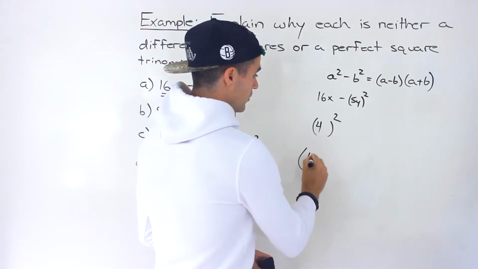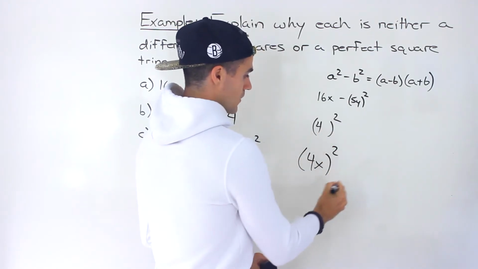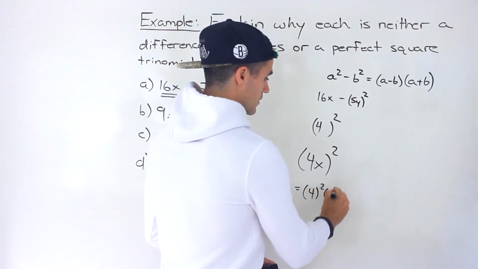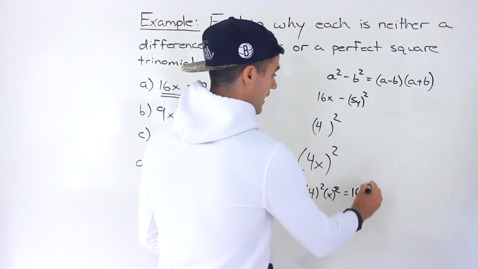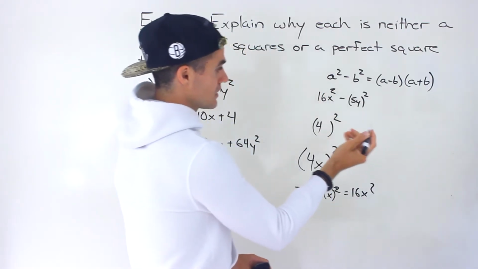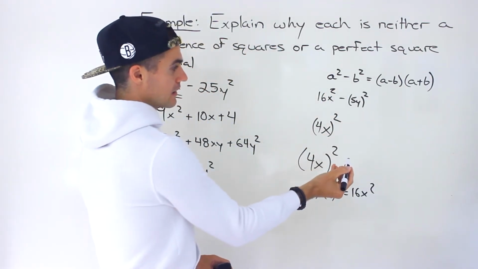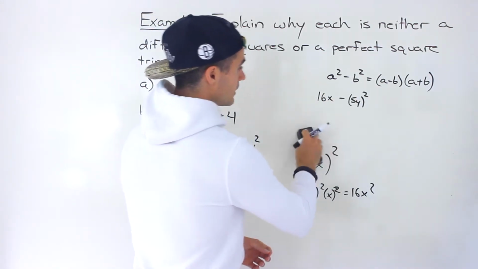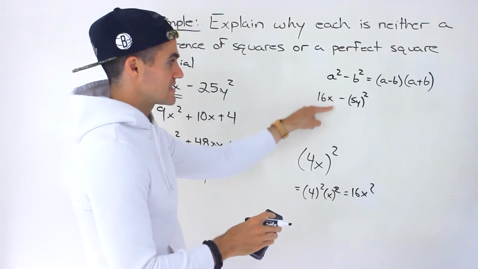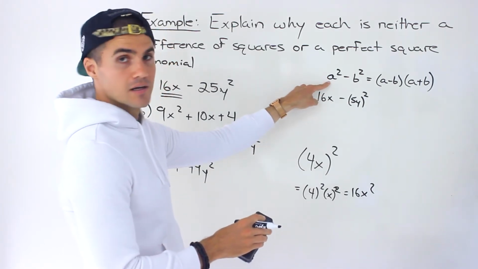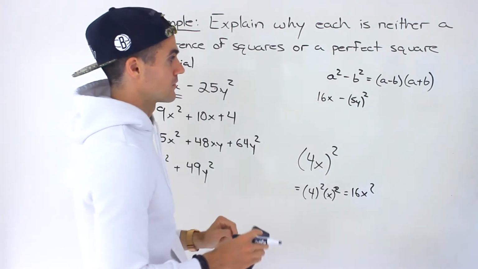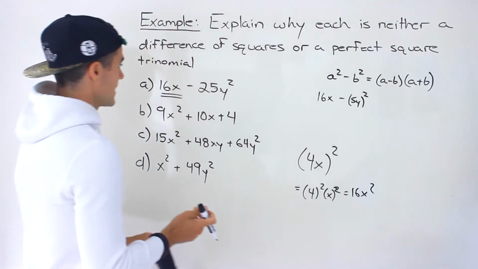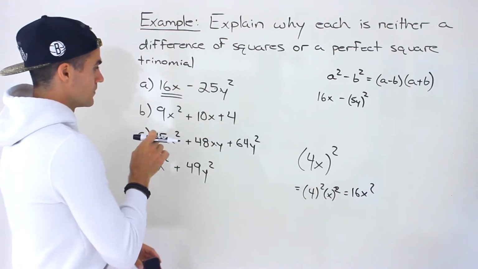Because if I put an x over here and square this, that's the same as 4 squared x squared, which would give us 16x squared. So if this was 16x squared, then you could write it like that. But because it's 16x only, we can't put this expression in that a squared format. Hence, it's not a difference of squares. Okay, so that's the explanation for part A.